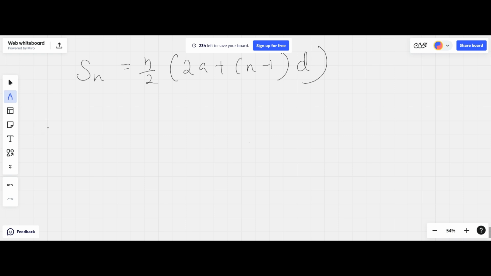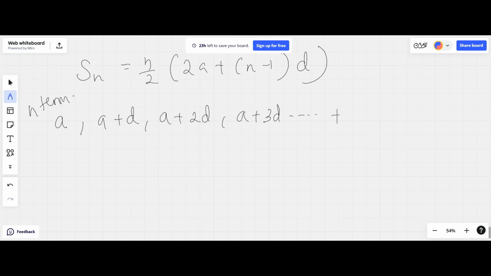So in a sequence, first term is a. Second term would be a plus d. Third term would be a plus 2d. Fourth term would be a plus 3d. Likewise, it goes on. At the last, let's say there are n terms.